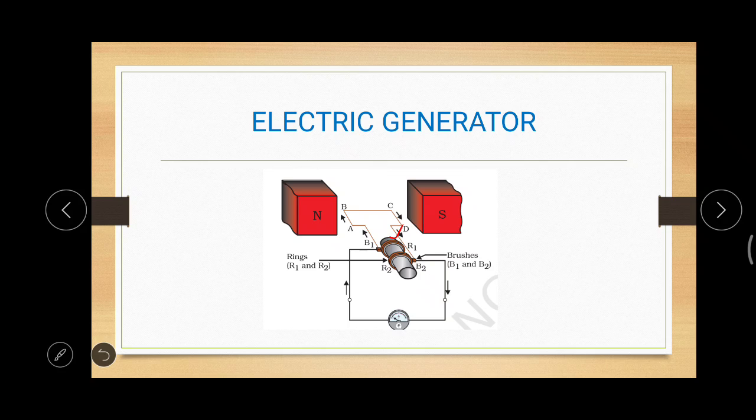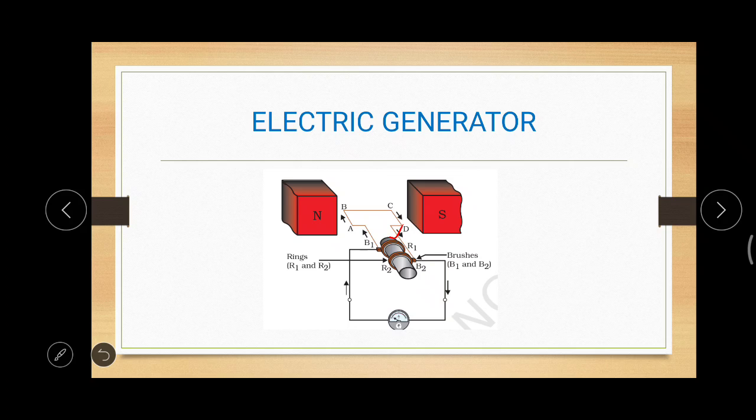And the ring R2 will be always in contact with the end D of the coil, and as well the brush B2.